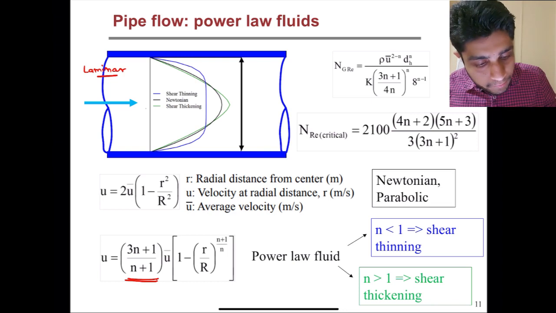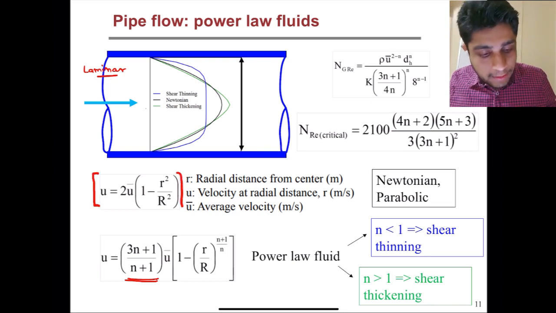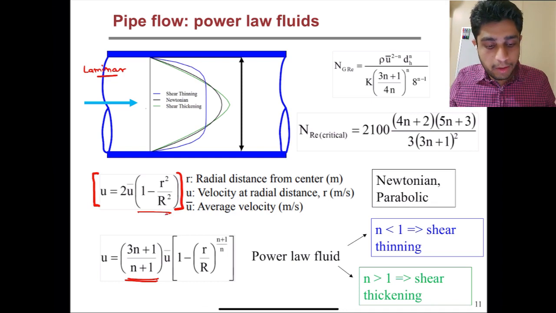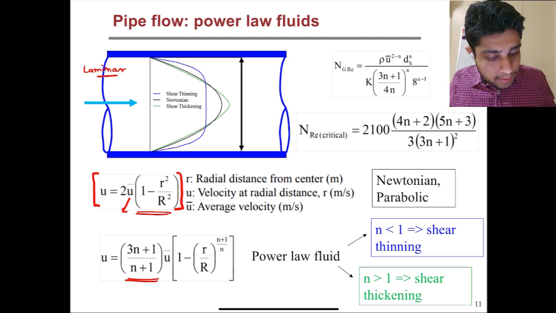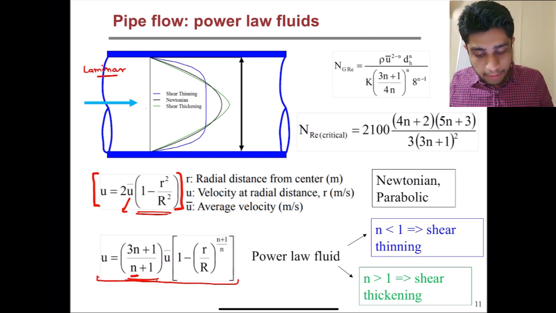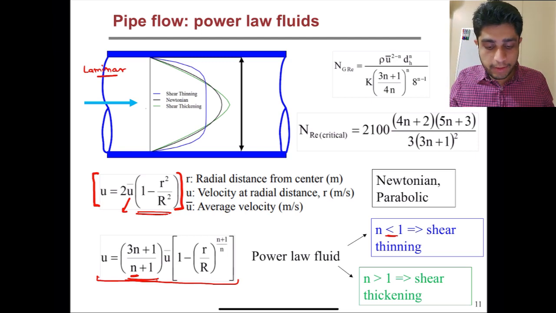If you do the calculation, the velocity profile for a Newtonian fluid comes out to be parabolic like this, and here u bar is the average velocity of the profile. But for a power law fluid, the velocity profile depends on the power law index n like this. If n is smaller than 1, that means the fluid is shear thinning, and if n is higher than 1, that means the fluid is shear thickening.